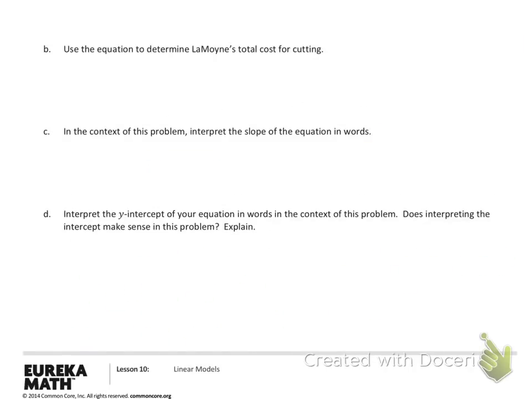So here's the rest of exercise 10. We're going to use the equation to determine Lemoyne's total cost for cutting. Let's use the simplified one, y is equal to 2 plus 0.25 times x, where x is the total cuts required.